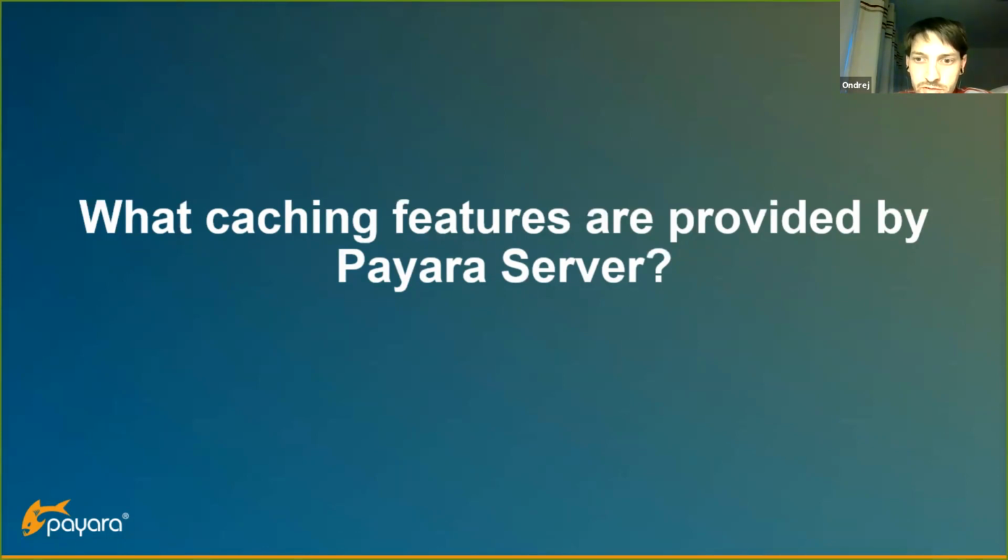So you can leverage the same technology underneath. Do we have any other caching features besides others? I think these are the most prominent caching features in Payara Server. Yeah, JCache is the main one. Hazelcast also provides JPA first and second level caching.